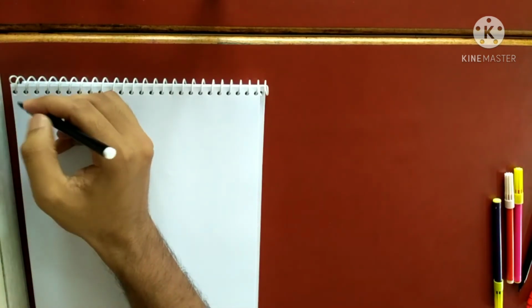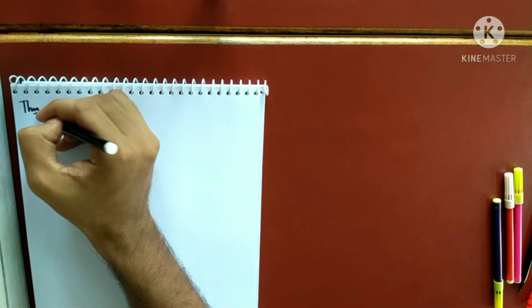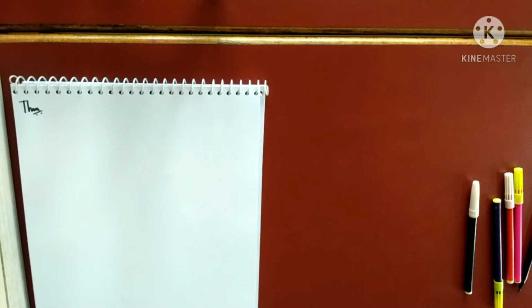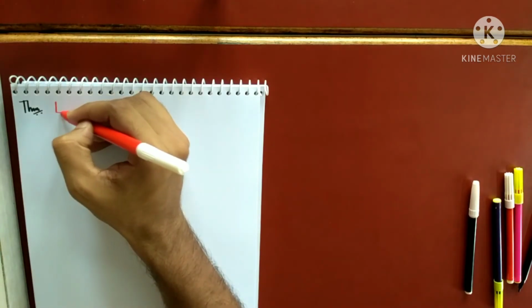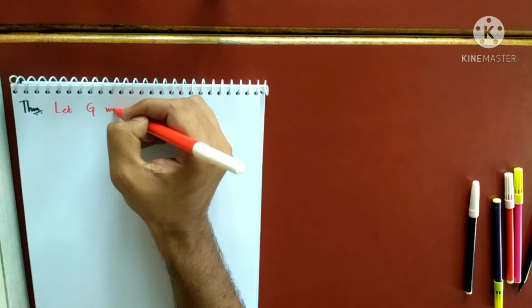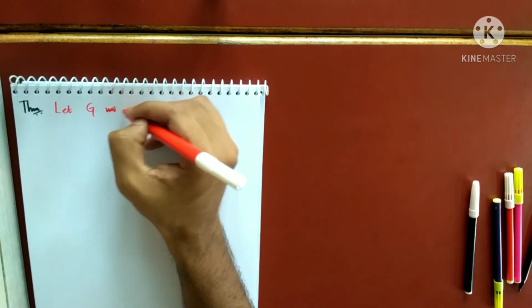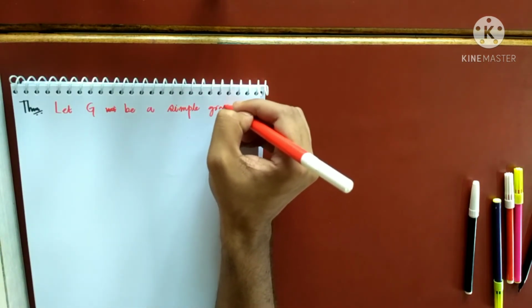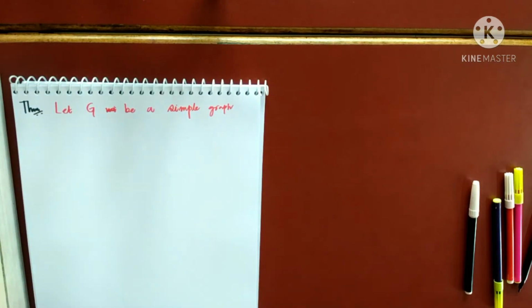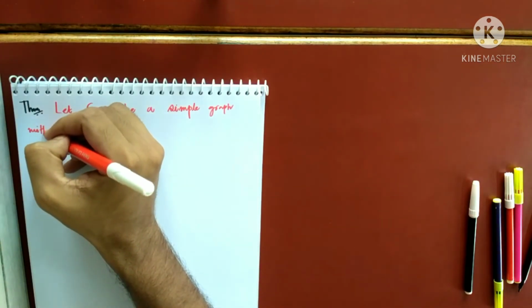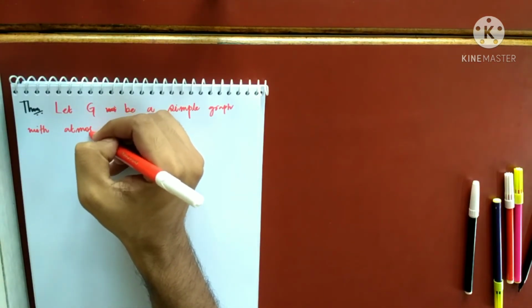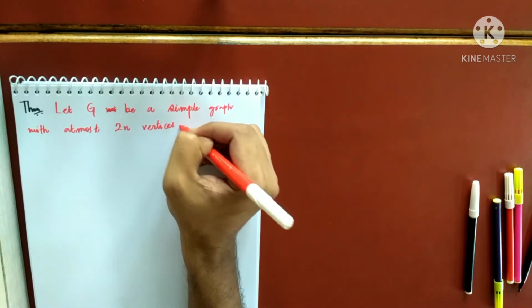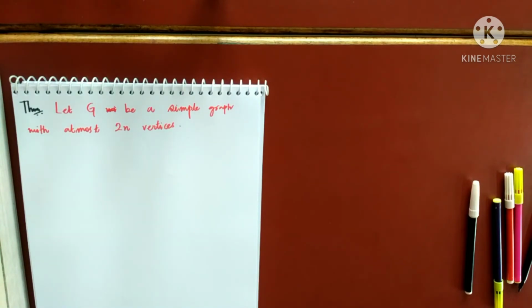Next theorem about connected graphs. So what is the next theorem? This is the next theorem. Let G be a simple graph with at most 2n vertices.